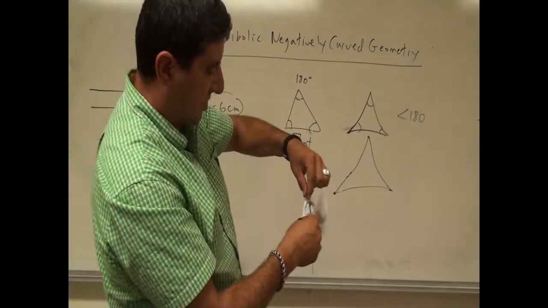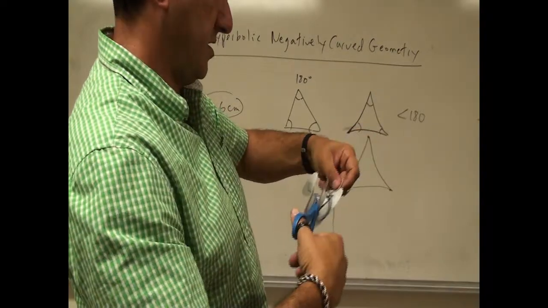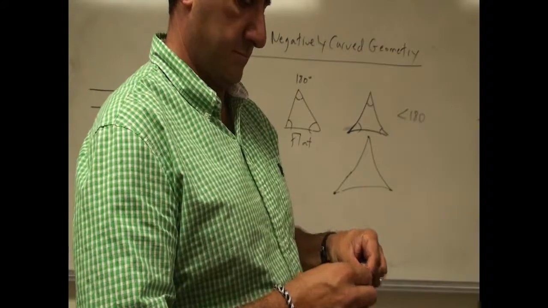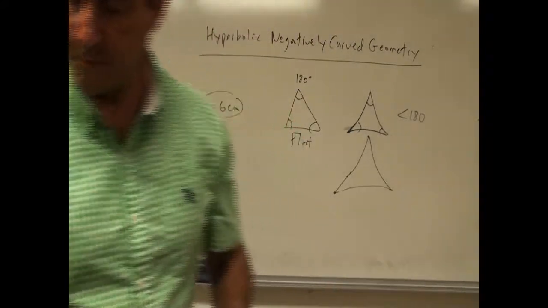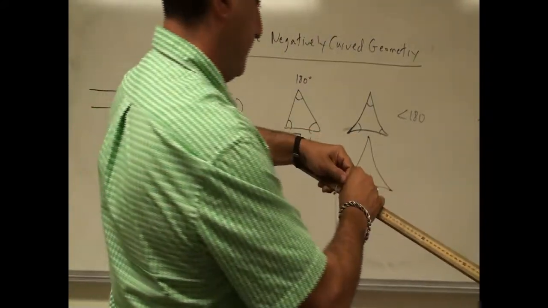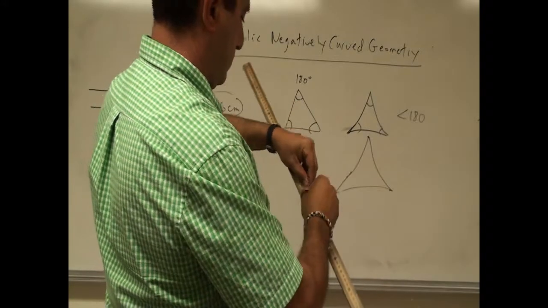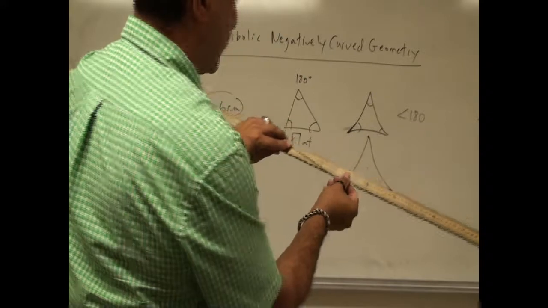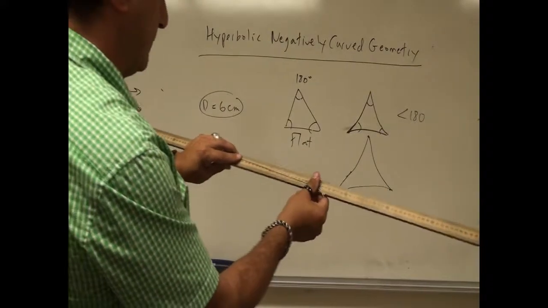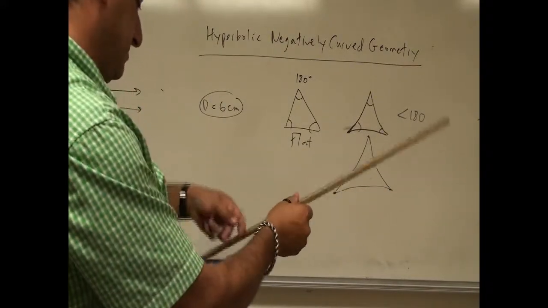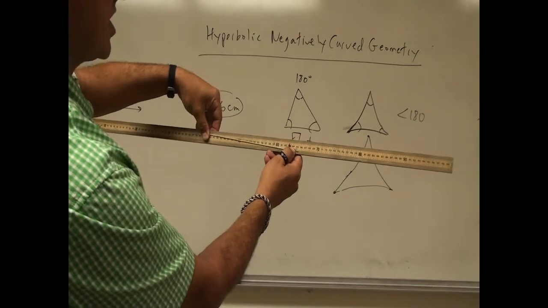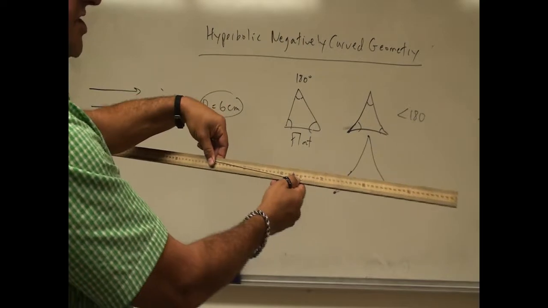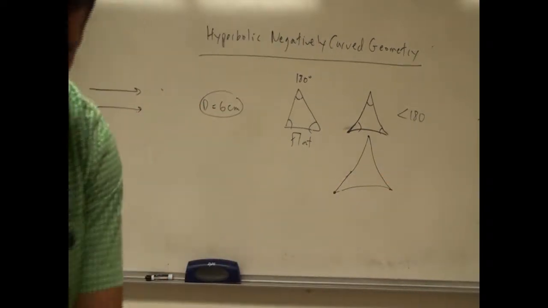Now I can cut this string, and put it to the ruler. The left side of the string is at the 40 centimeter line, and the right side is at 65. So that's 25 centimeters. 25 centimeters is the circumference of that circle.